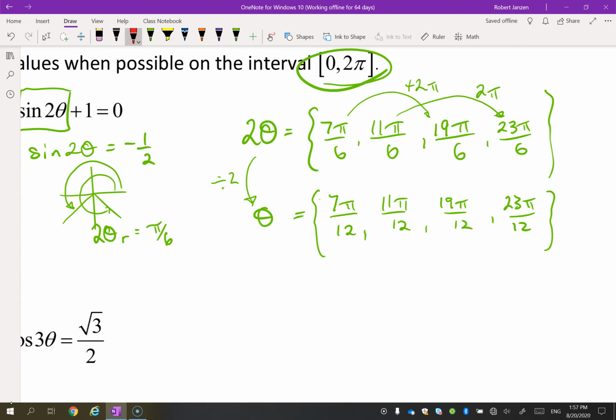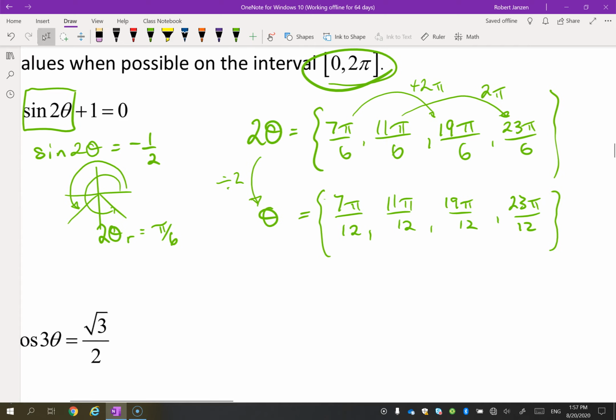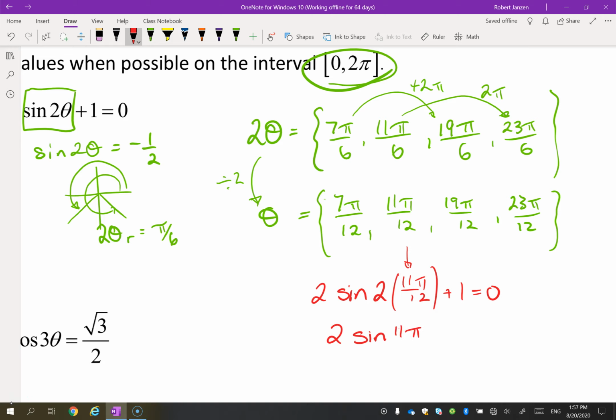Let's just quickly try one of them to see if it works. If I go 2 sine 2 theta plus 1, let's see if that equals 0. Let's take this one here, 11 pi by 12. So you'd have 2, and then sine, if I multiply 2 by 11 pi by 12, I get 22 pi over 12, which is 11 pi by 6, plus 1.